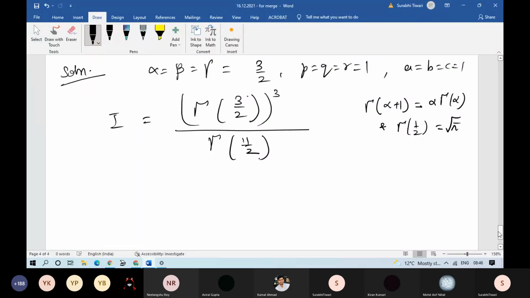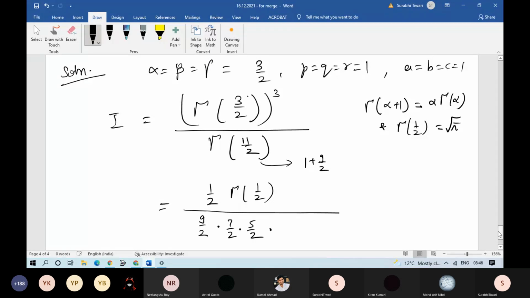So now breaking it down, this will be half gamma half on top, and below 9/2 gamma 9/2. Then 11/2 can be written as 1 + 9/2, and it continues as 9/2 into 7/2 into 5/2 into half and then gamma half.